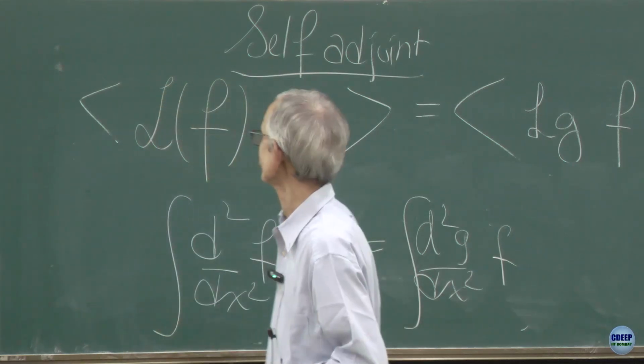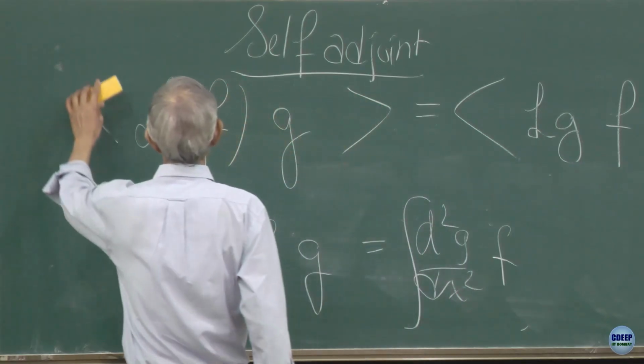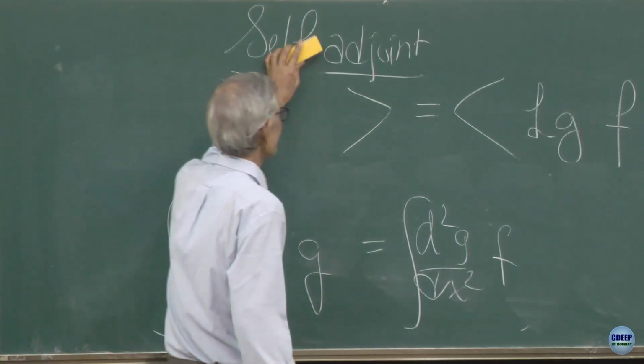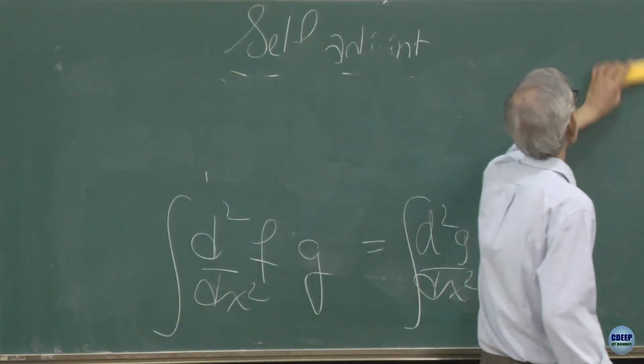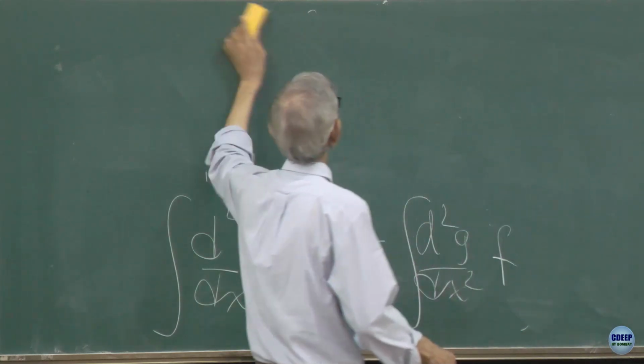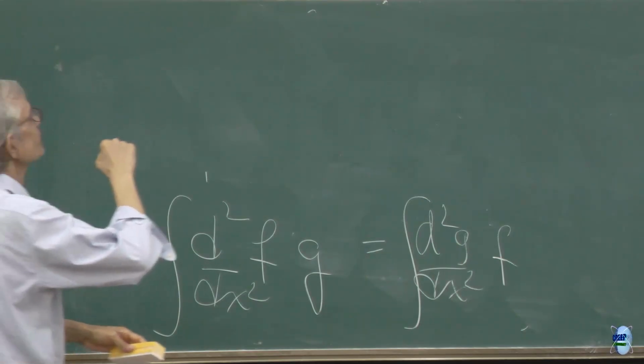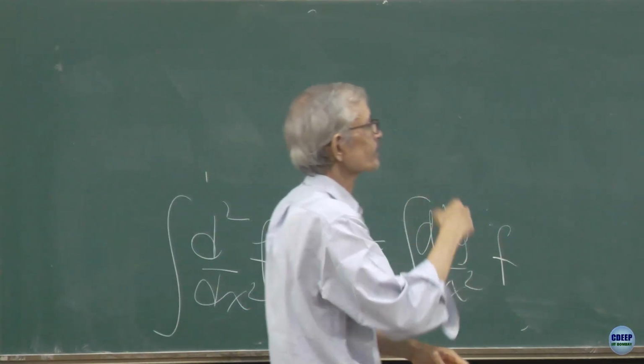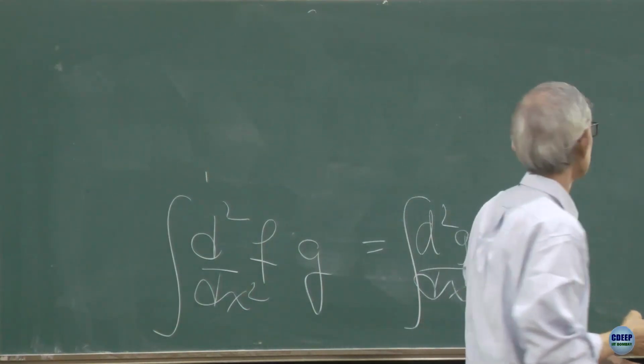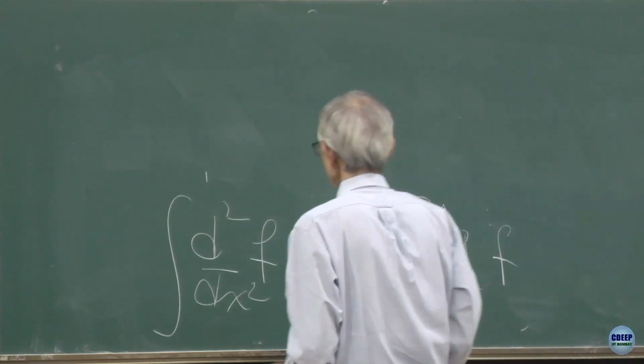So that's what we are saying. But we have put our conditions also, which is f(a) equal to 0, g(a) equal to 0, f(b) equal to 0, and g(b) equal to 0.